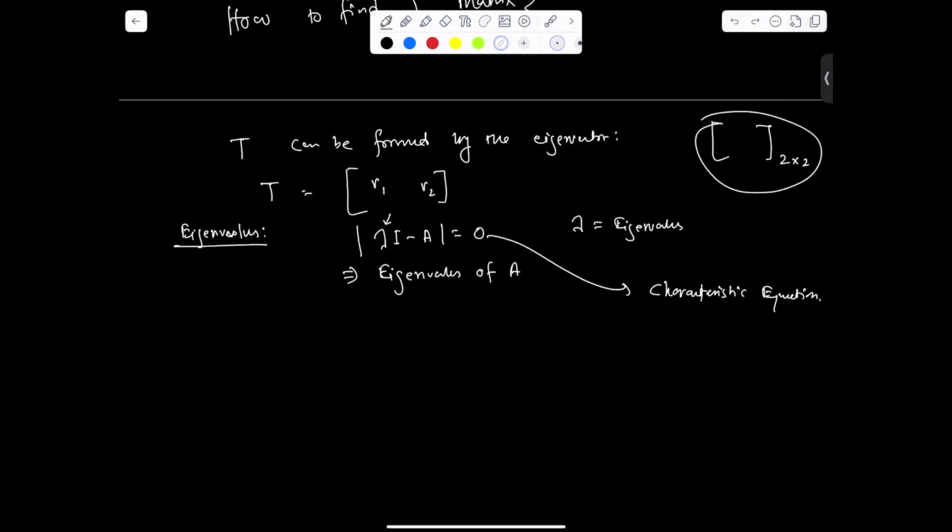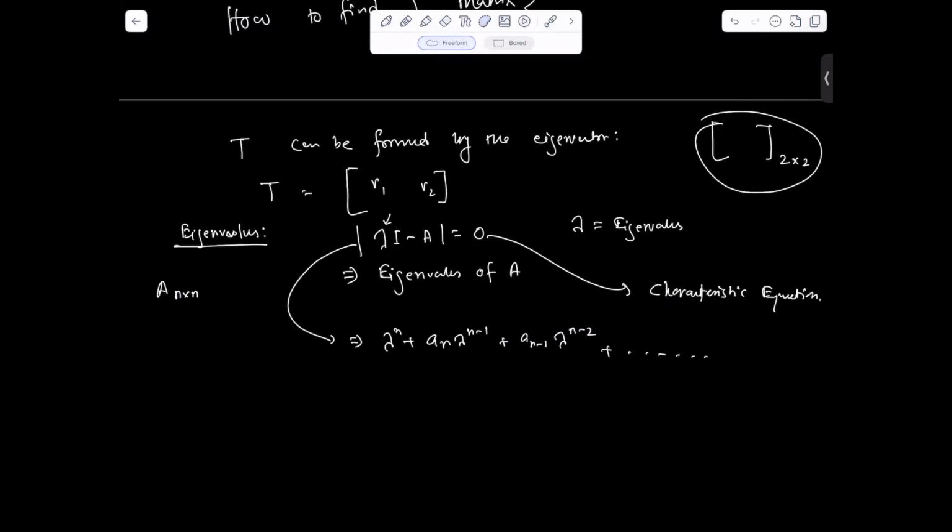Now this characteristic equation, when expanded, will have this form. If you are using an n cross n matrix, the order of the characteristic equation will also be n: lambda n plus a(n) lambda n minus 1, a(n minus 1) lambda n minus 2, and it will move like this, equal to 0.